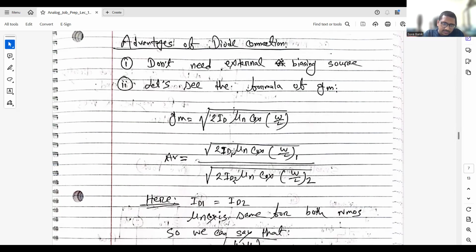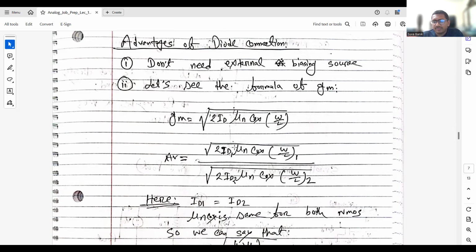So if we put this formula in our gain equation, we get this simple equation. But the interesting point is that ID1 and ID2 are the same. The same current flows through these two transistors. And mu and Cox are constant parameters. You can assume they are constant for simplicity.